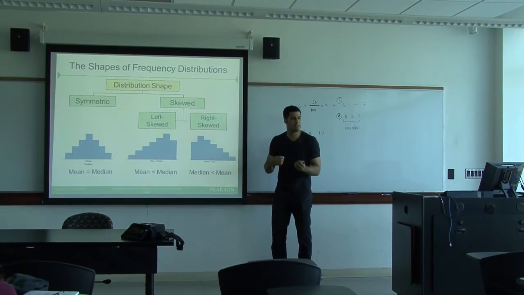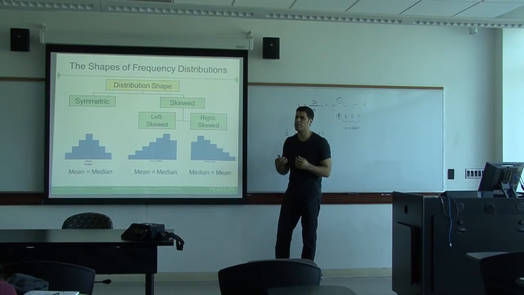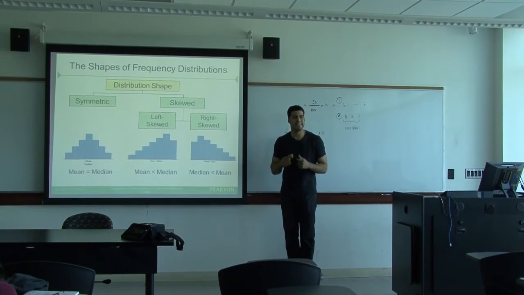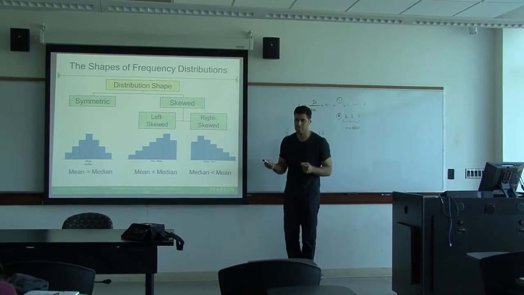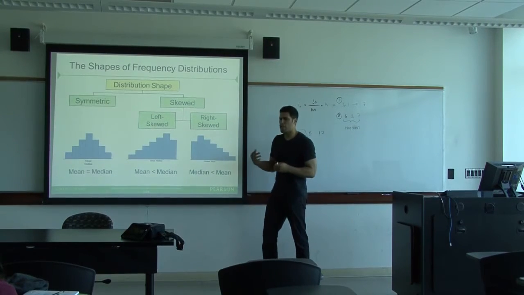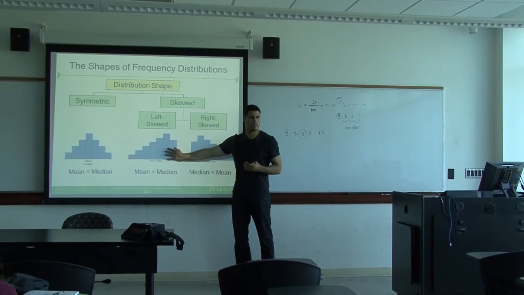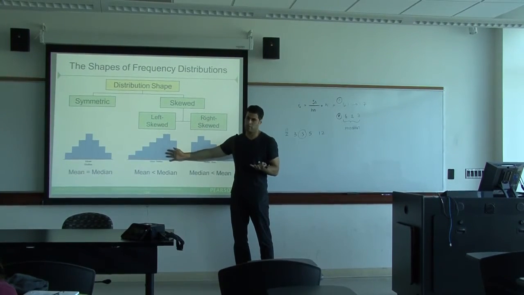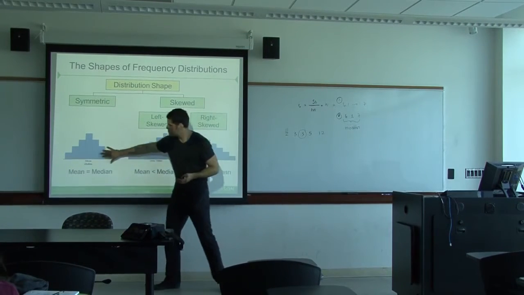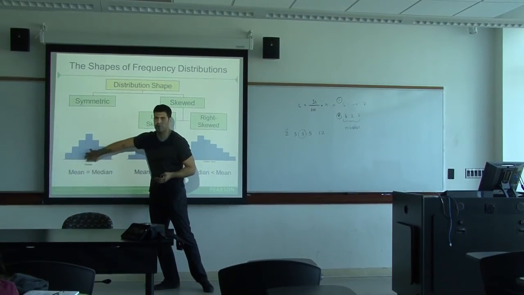But as far as the median and the mode are concerned, remember how we said that the median is less sensitive to outliers? Now, if we're going to find any outliers, we're going to find them in these 2 distributions, the skewed ones. Not here, because everything is sort of close to the middle.